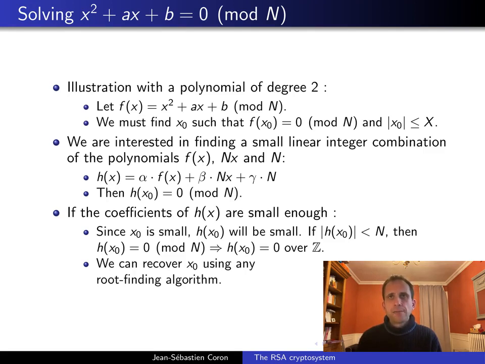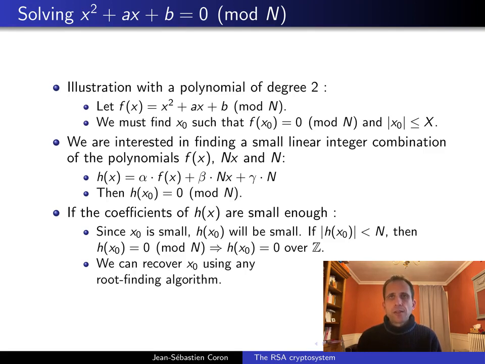So h of x is alpha times f of x plus beta times nx plus gamma times n, where alpha, beta, and gamma are three integers. For now, I do not specify what alpha, beta, and gamma are. And we see that in any case, since x0 is a root of f modulo n, and since the two polynomials nx and n are multiples of n, we have that h of x0 is also equal to 0 modulo n. So x0 is also a root of h modulo n.